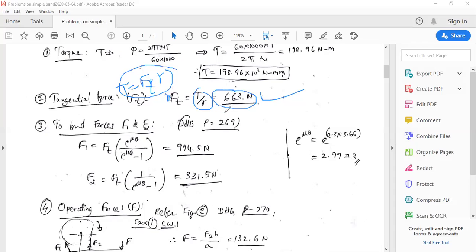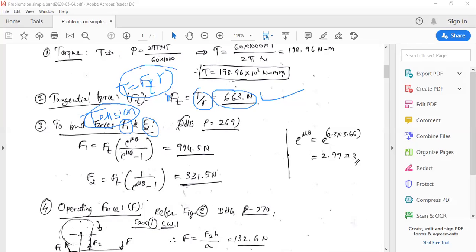Once you get this value, the next step is to calculate the tensions in the band, that is, the forces acting on either side of the connection of the band, or band tensions. Here they are represented with the notation F1 as the tight side tension or tight side force, and F2 as the force exerted at the slack side.